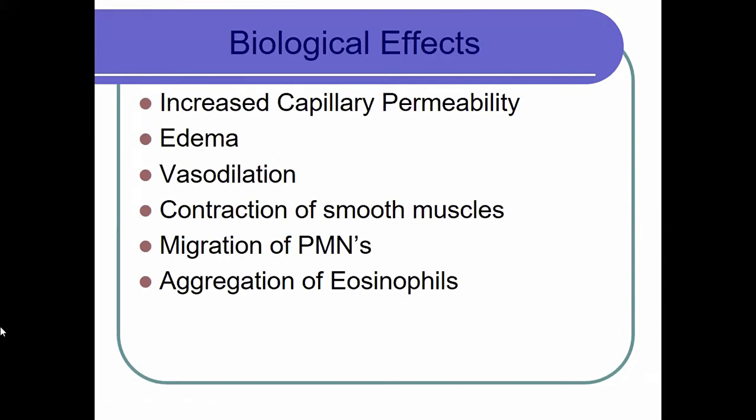There is vasodilation, contraction of the smooth muscle, especially that of the lungs. So you have wheezing and difficulty of breathing. And then migration of the PMNs and aggregation of the eosinophils.